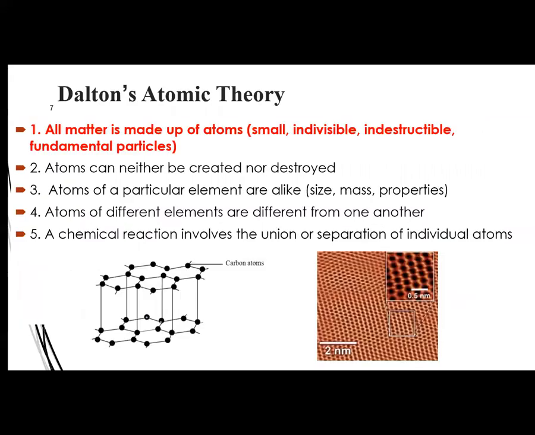So our first part is that all matter is made up of atoms, and those atoms are going to be these small, indivisible, indestructible fundamental particles. Now, we know since then that you can break up an atom, but Dalton's theory at that time was that you had these really small atoms that everything was made up of. And so that is still true. We can see that when we look at our materials, we can see that what's holding them together is these collections of atoms.